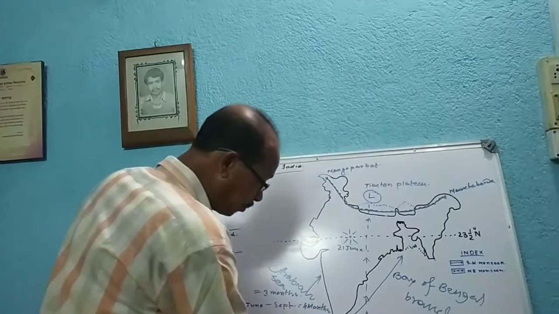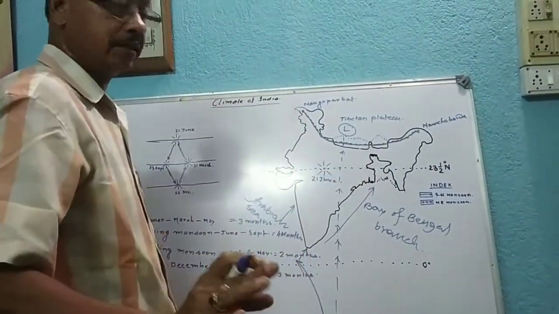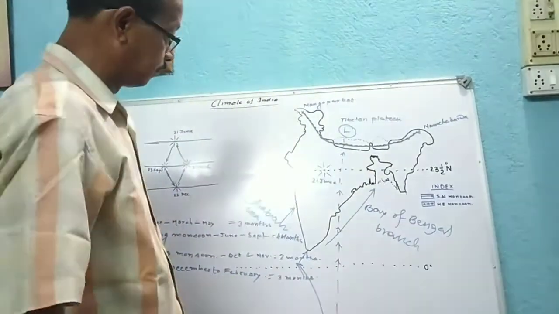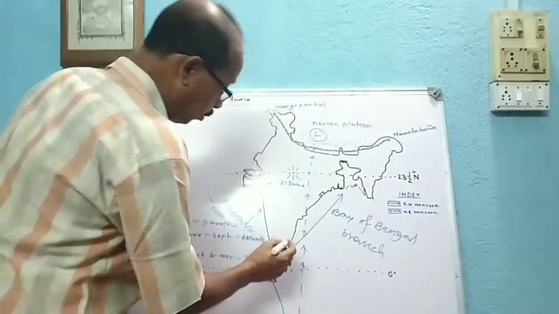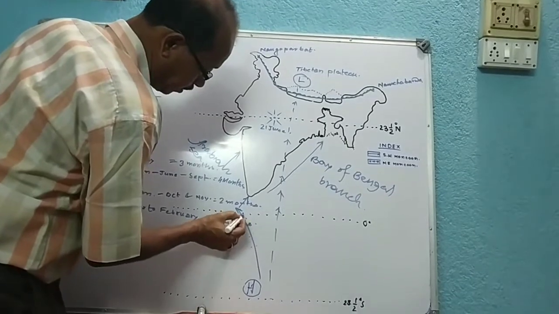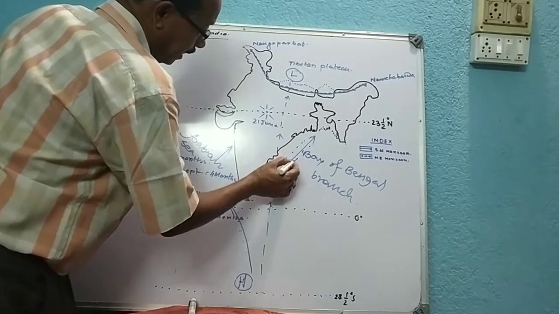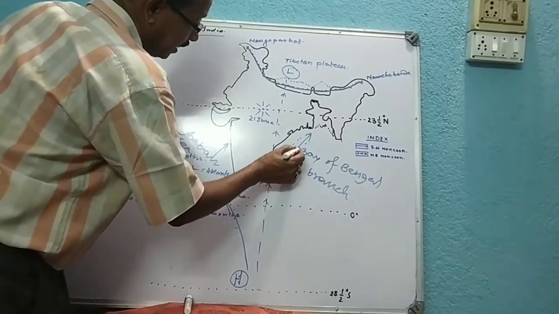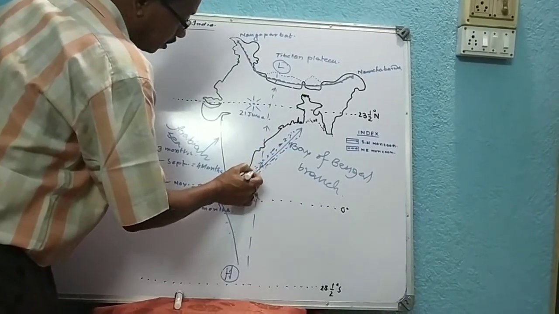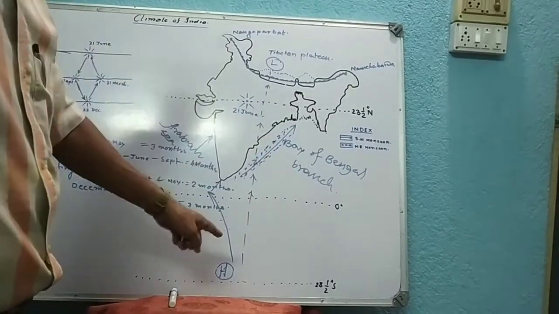So from high pressure to low pressure, the temperature of this prevailing wind gradually increases. Follow me. I am trying to make you understand that the amount of moisture is gradually increasing towards the north because of its increasing temperature.